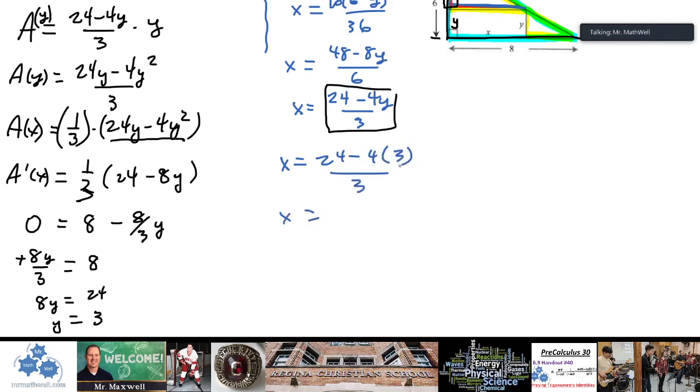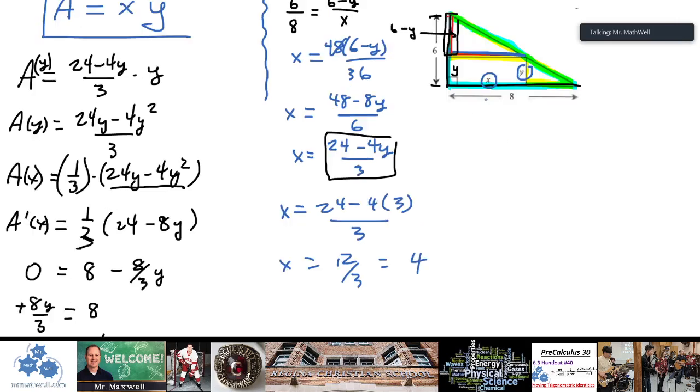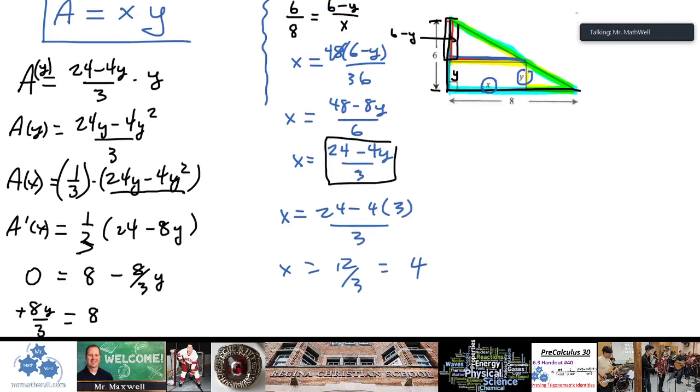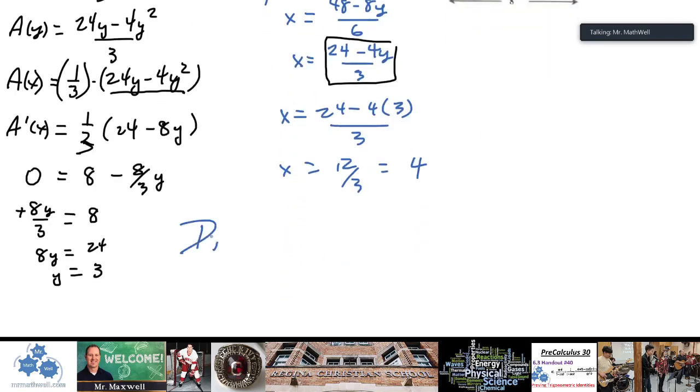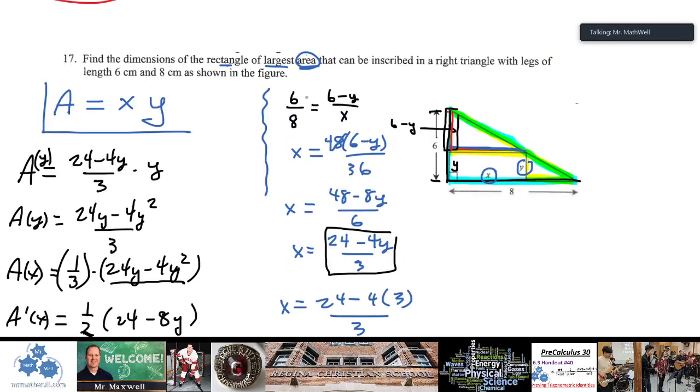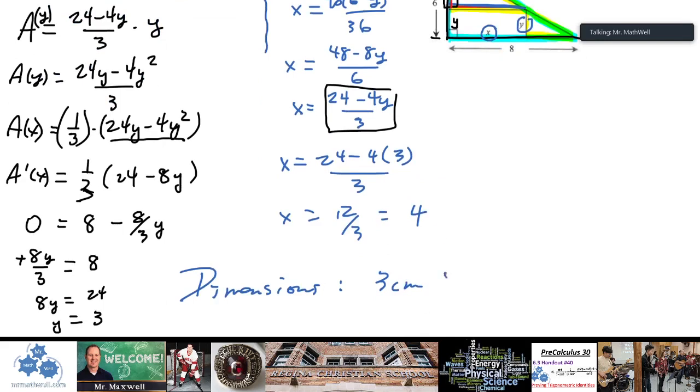Well, that's 24 minus 12 is 12 over 3 is 4. So if y is 3, then x should be 4. So the dimensions of this rectangle with largest area would be 3 centimeters. Is it centimeters in this question? Yep. 3 centimeters by 4 centimeters, and that is your answer.